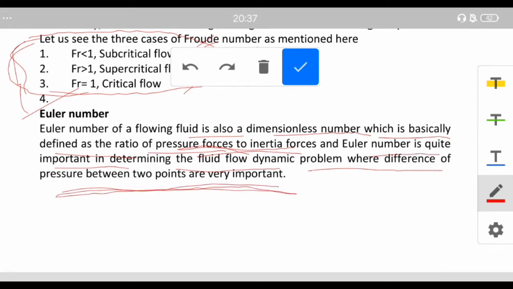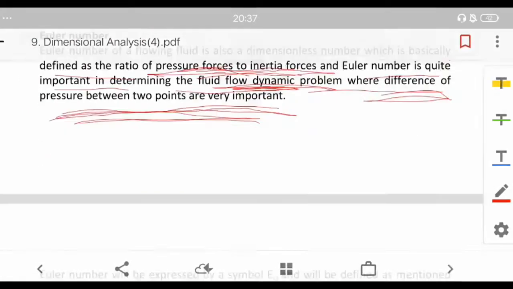So wherever you have a dynamic flow, note one thing, that the flow shall be dynamic, and you will also see the difference of pressure between 2 points. Then only the Euler number will be used, and it is the ratio of the pressure forces to that of the inertia forces.